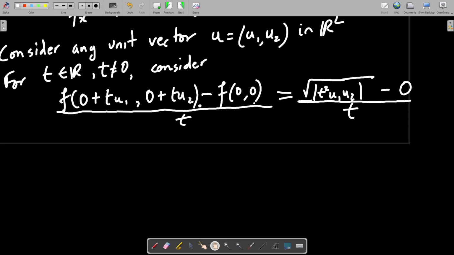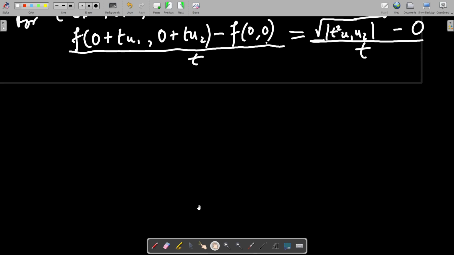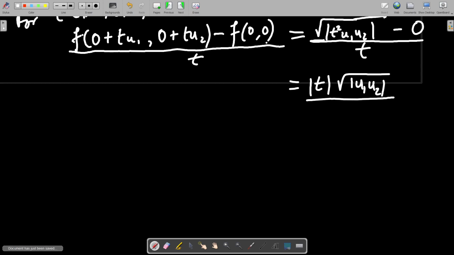Simplifying it a little more, this will leave me with modulus of t square, I'll take out, it will become modulus of t, divide by t. So this is what you get here.